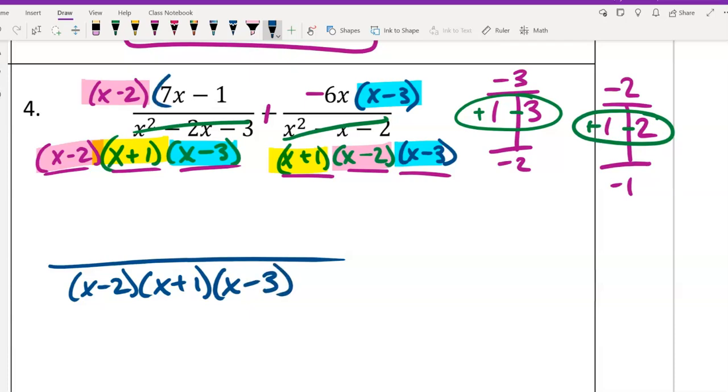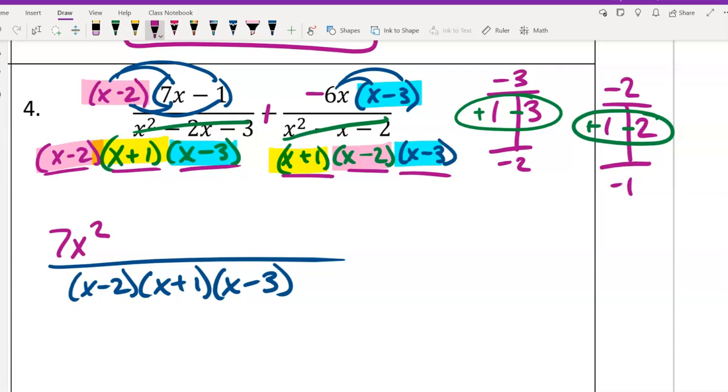Now for the numerators, we're going to have to multiply those out. So we're going to have to double distribute on the right and single distribute on the left, and then single distribute on the right. So starting with the first one, we have x times 7x. That is 7x squared.